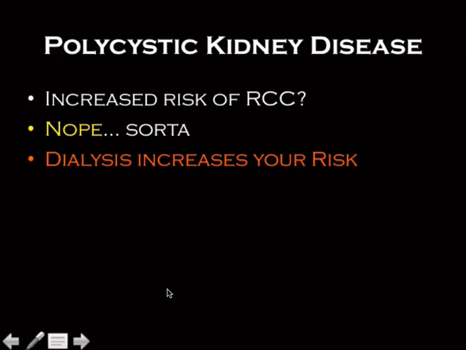So you get adult polycystic kidney disease, you end up on dialysis, and then you have an increased risk of renal cell carcinoma. So yes, they do, but yes, they don't. And it all depends on how you write that question. It could be a source of significant fuckery. I would read the wording of that question very, very closely if it would happen to come up.